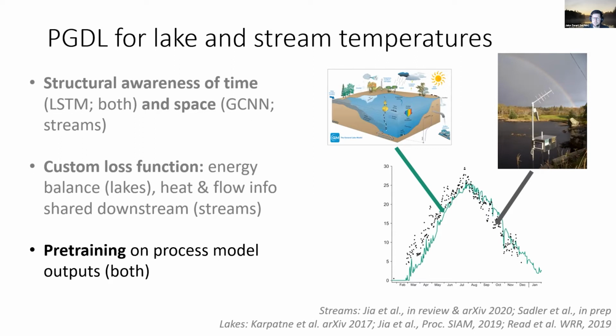So if we have a custom loss function or some sort of structural process guidance, that's included in the pre-training step, and then those weights are saved and used to initialize the fine-tuning phase. And the same custom loss function and structural awareness is used in the fine-tuning phase as well. Thank you. Yep, thanks.